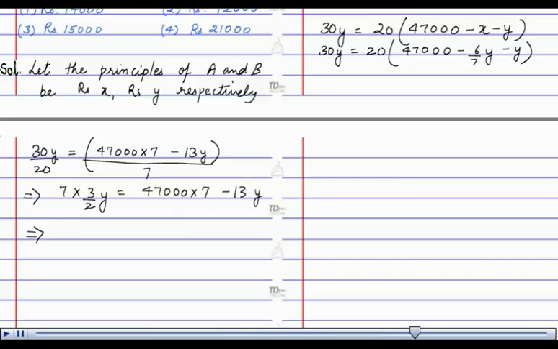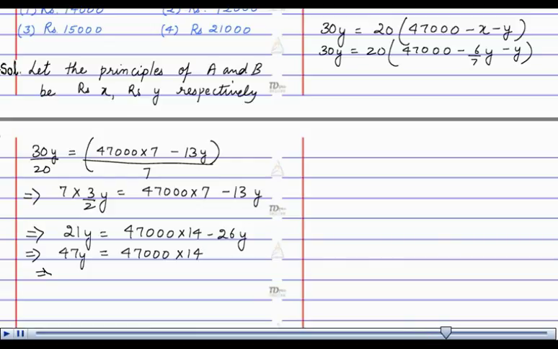This implies 21Y equal to 47,000 into 14 minus 26Y. That is 47Y equal to 47,000 into 14.